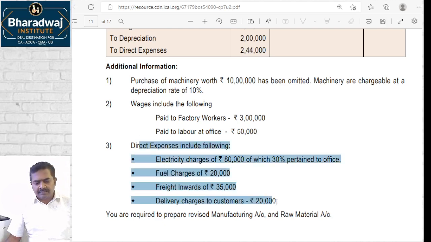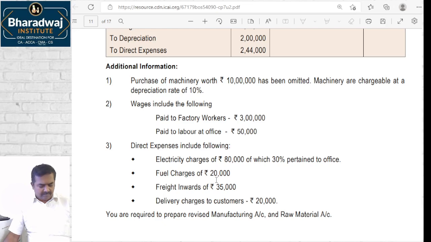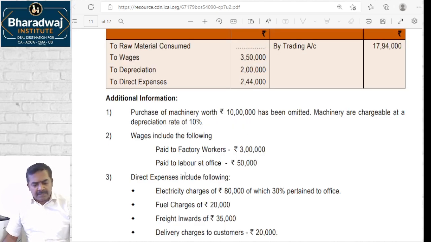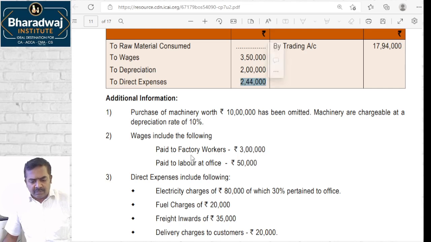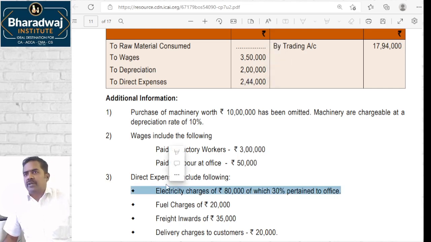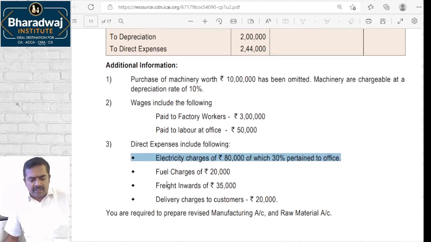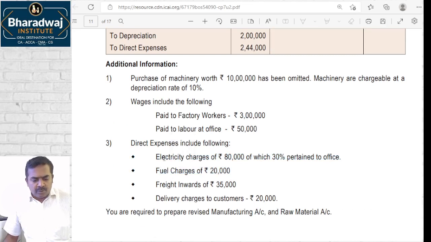What have they said about direct expenses? The 2,44,000 includes the following items. They said the following items are included, so we can directly eliminate only what should not be included.